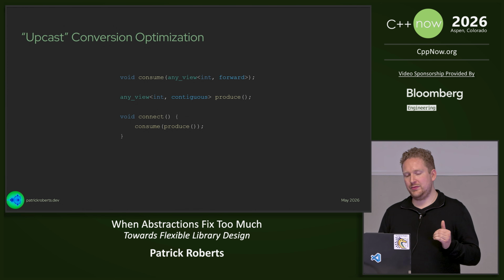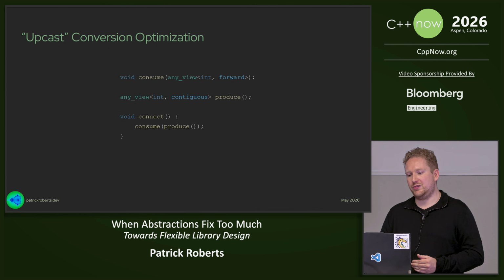And that would be a disservice to performance, because now every operation that you dispatch on that forward view would go through 2 layers of runtime dispatch, because one, to get to the type erased other any view specialization, and then that one dispatches to the underlying concrete type that it erases.